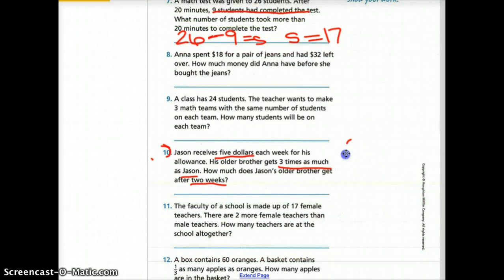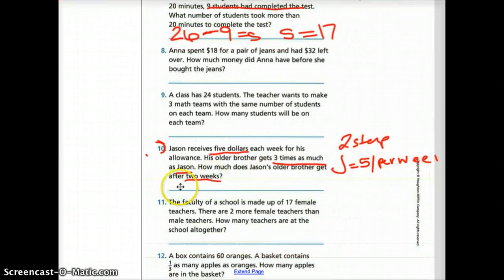Okay, this is a 2-step problem. Okay, so Jason gets $5 each week. So Jason, $5 per week. And I'm comparing that with 2 weeks. So Jason actually gets $10 for 2 weeks. His older brother gets 3 times Jason.